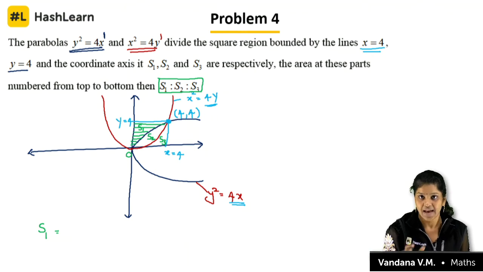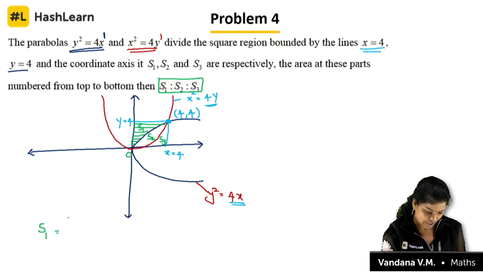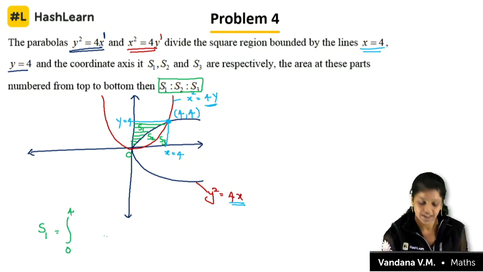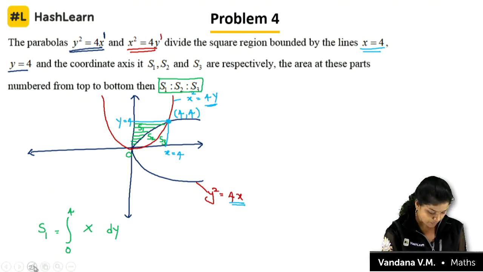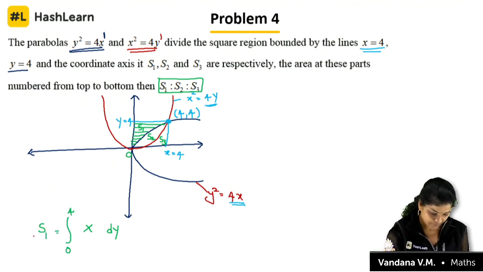So how to take it? Along the x-axis or along the y-axis? By seeing the graph itself, we can make out it is along the y-axis. So let me write 0 to 4. These are the limits for y, so the inside term must be x. Now please observe, children.